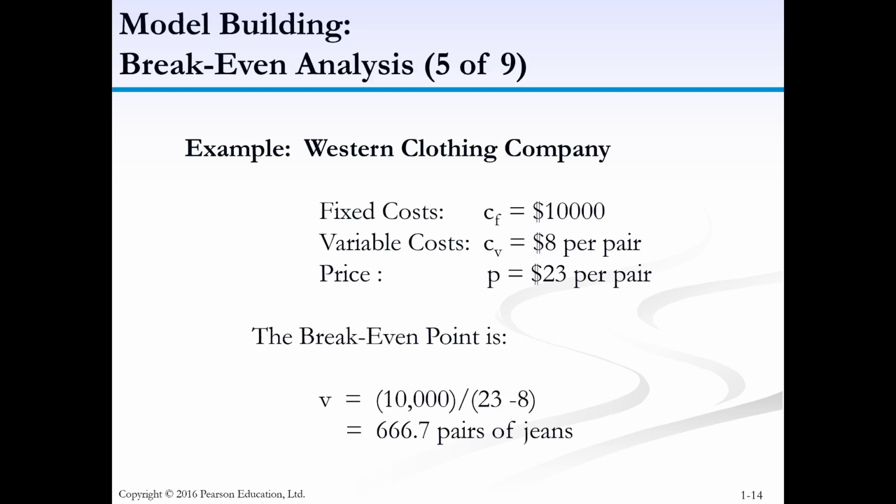Variable cost is $8 per pair, and the selling price is $23 per pair. The break-even point is then fixed cost divided by the selling price minus the variable cost per unit. So we get 10,000 divided by 23 minus 8, equal to 666.7 pairs of jeans.